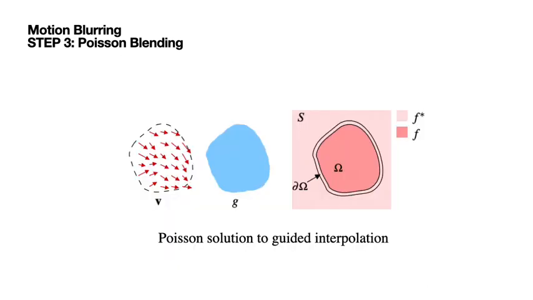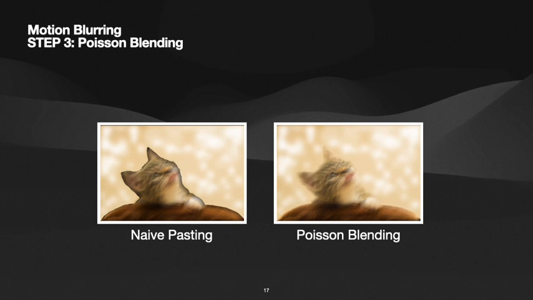It is a guided interpolation method where your source image is pasted onto the target image based on the gradients of the target image, and that's how both the source and target are combined. And this is what we get after doing Poisson blending.